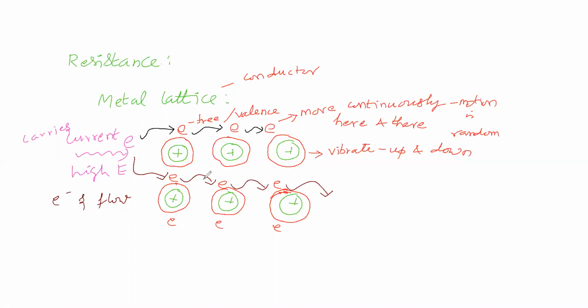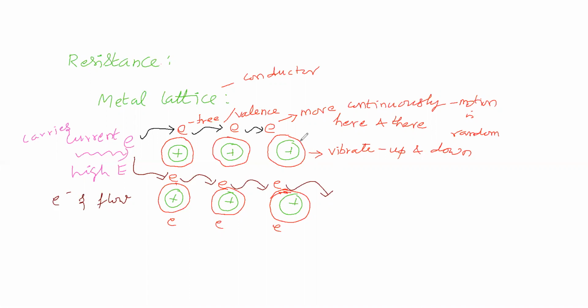This movement of electrons is called current passing. So passing of current means one is energy transfer, another one is electrons movement. This higher energy electron comes to this place, this electron goes to this place, like this.